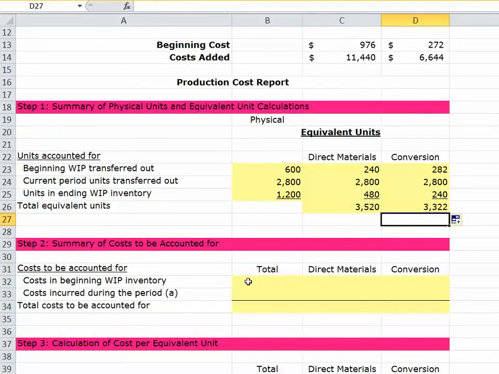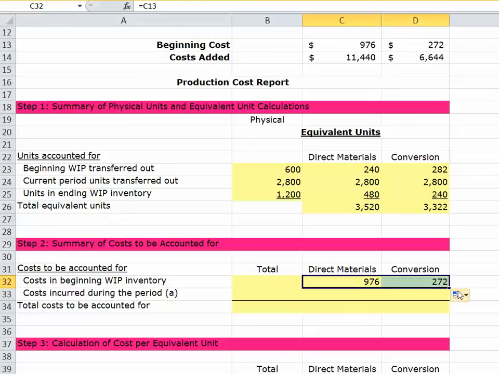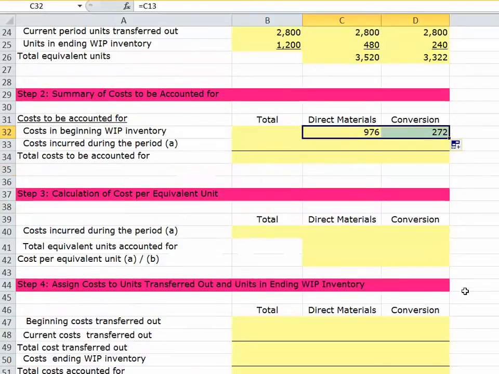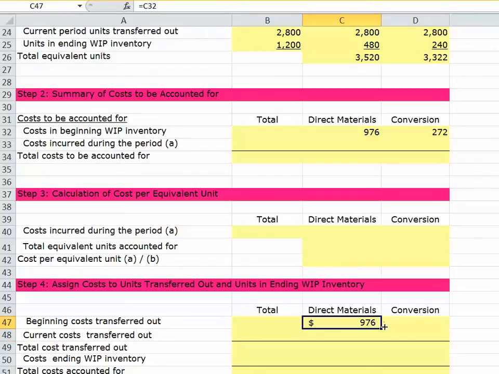On our FIFO method, the first thing we're going to want to do when we talk about costs is any cost that we have in beginning inventory, the 976 and the 272, we're going to want to assign those to the units that we transferred out. So we can pick those up directly down below and assign those to the cost of units that we transferred out.